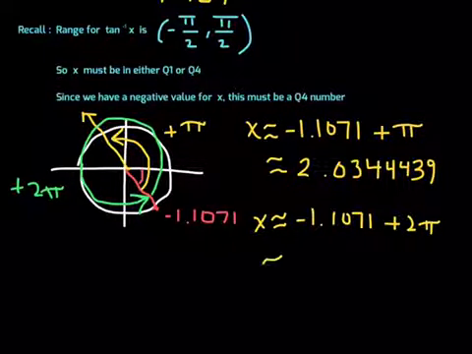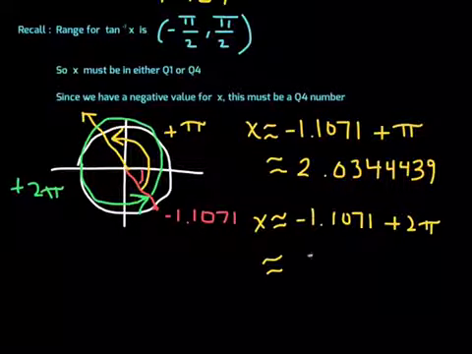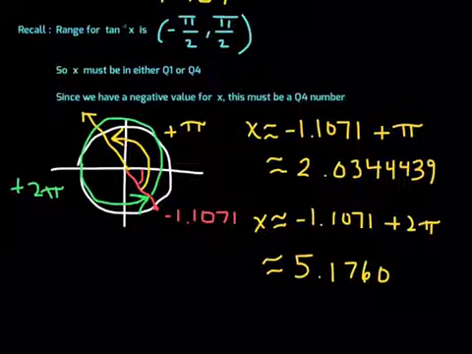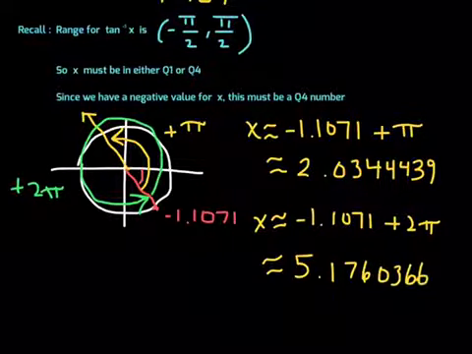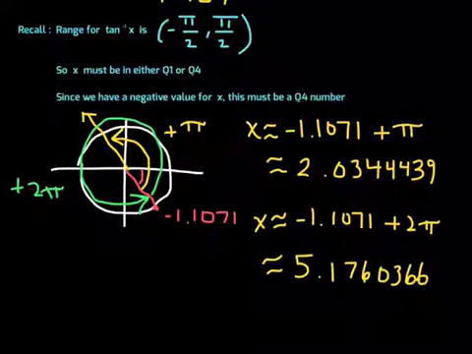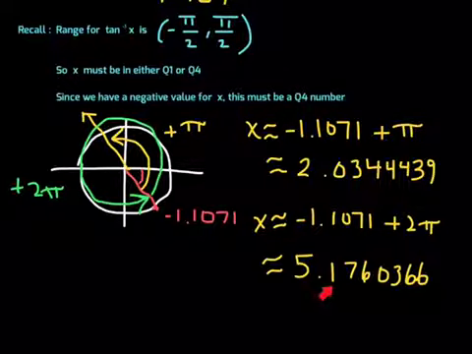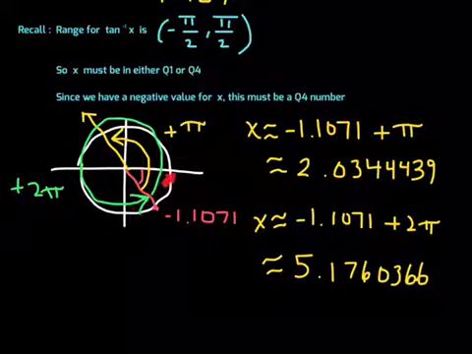Okay, when we do this, we're getting approximately 5.1760366. And because of our discussions already on radian measure, we know this for sure is quadrant 4. It's larger than 3 pi over 2, but less than 2 pi.